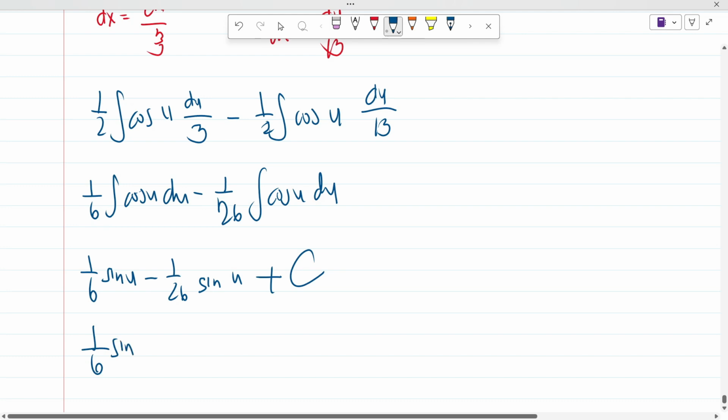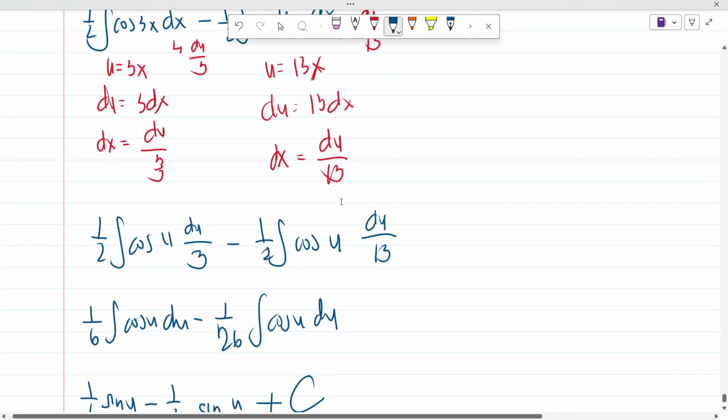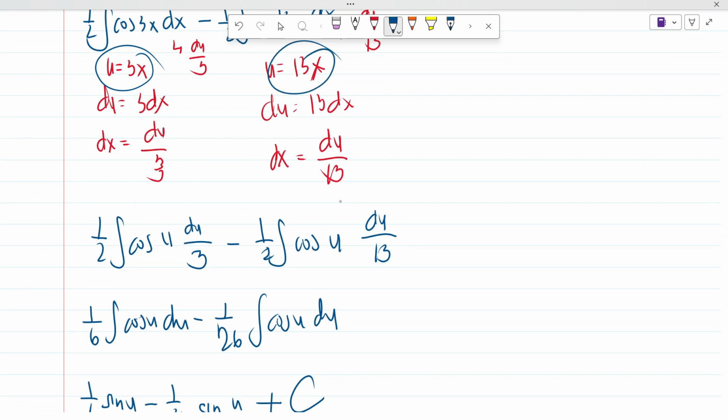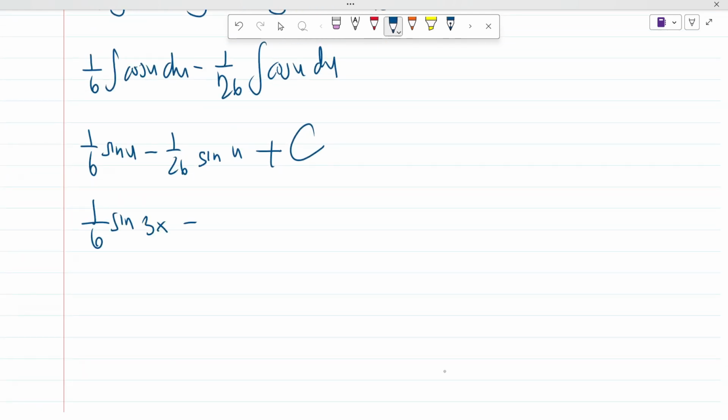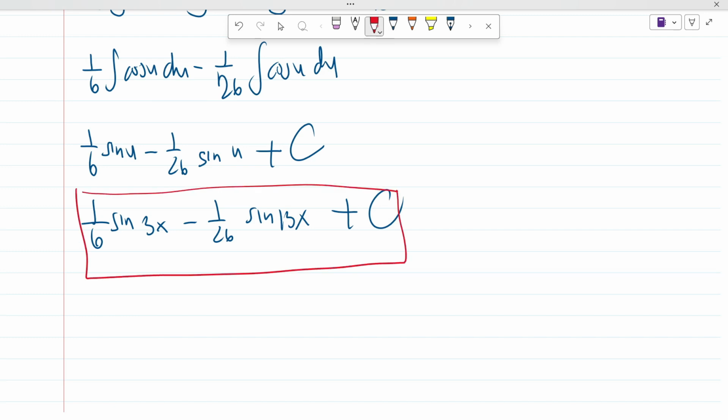For the value of u, in the first term it is 3x, and for the second it is 13x. So the answer is 1 over 6 sine 3x minus 1 over 26 sine 13x plus c. It's easy, guys, just substitute. Get it?